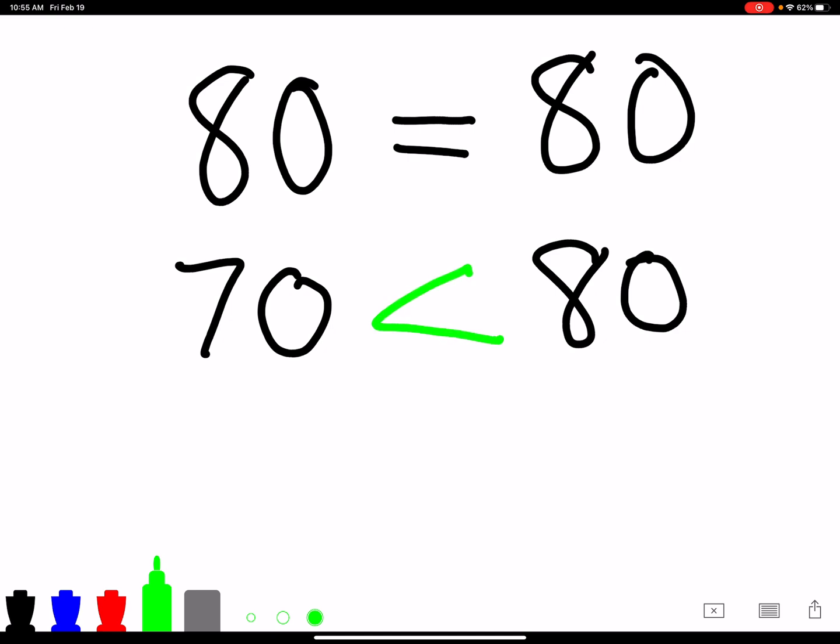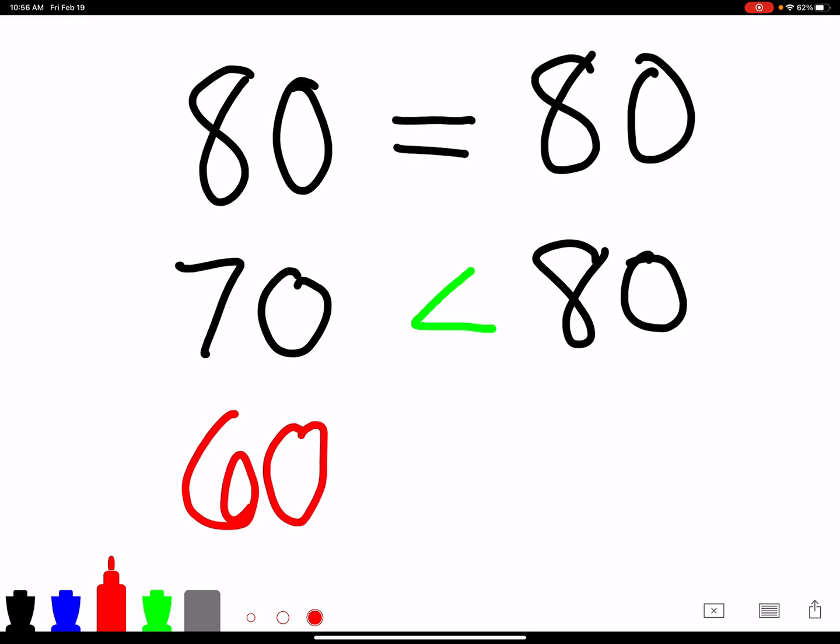I like to do the little mouth. I want the bigger piece of cake, so I want to eat the bigger number. But 80 is greater than 70. But what if we have 60 and 40? Which number's bigger?